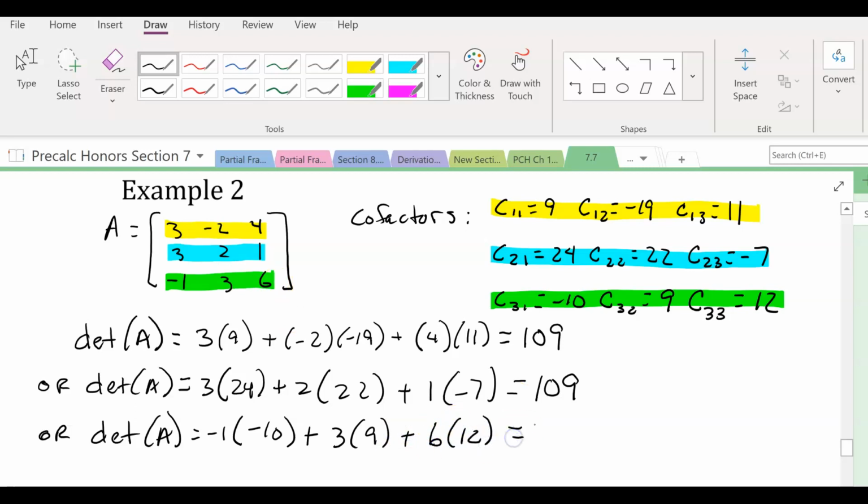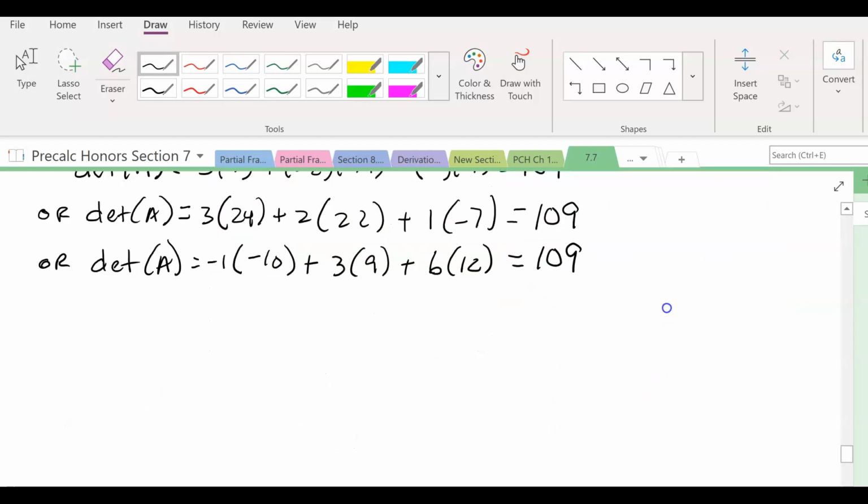And again, if we calculate that, we're going to get 109. So really, to find the determinant, you only need to find the cofactors for one row, which isn't too bad. You multiply each element times its corresponding cofactor, find the sum, and you have the determinant.